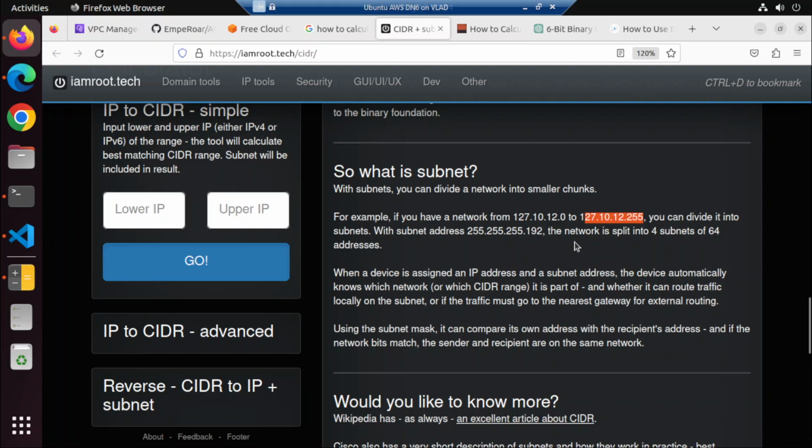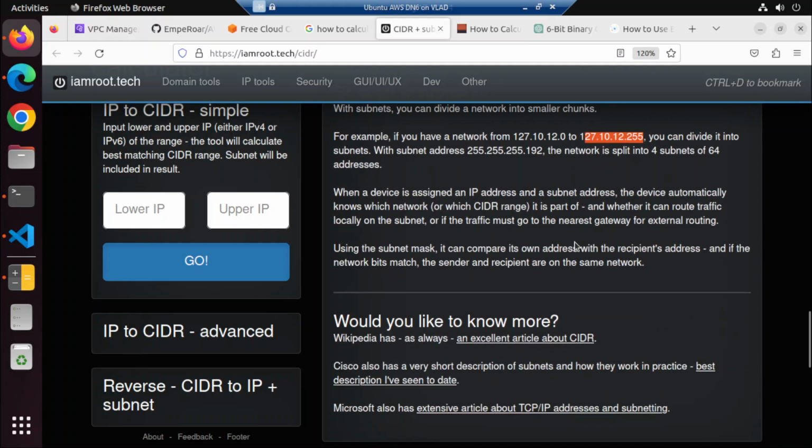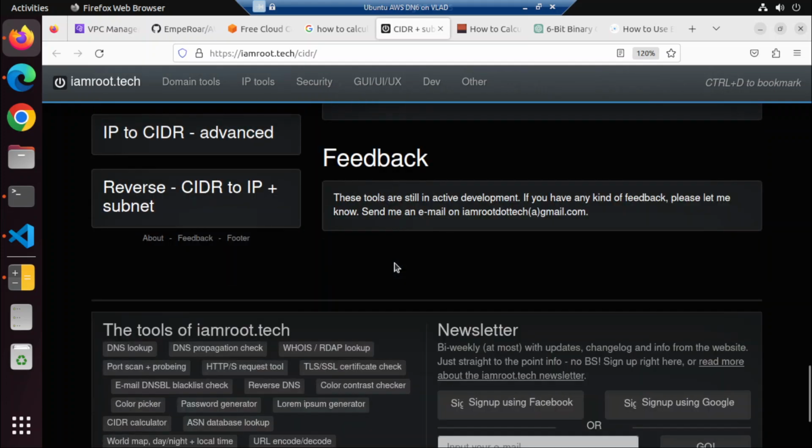The network is split into four subnets of 64 addresses. When a device is assigned an IP address and a subnet mask, the device automatically knows which network or CIDR range it is part of and where it can route traffic locally on the subnet. Damn.